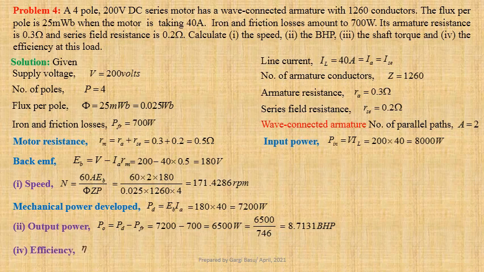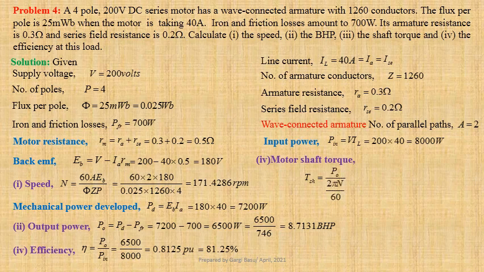Efficiency eta equals PO divided by P in, that is equal to 6500 divided by 8000, that gives us 0.8125 per unit or 81.25%. Expression for motor shaft torque TSH equals PO divided by 2 pi N by 60.